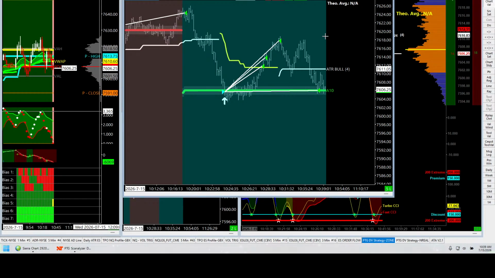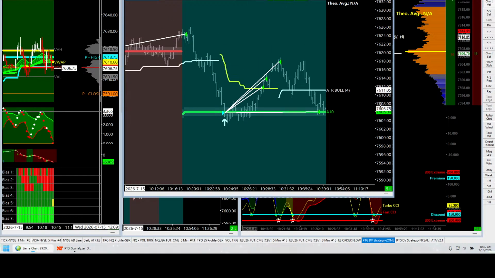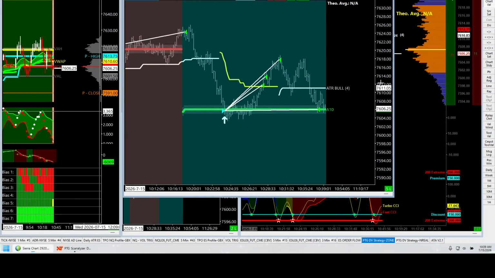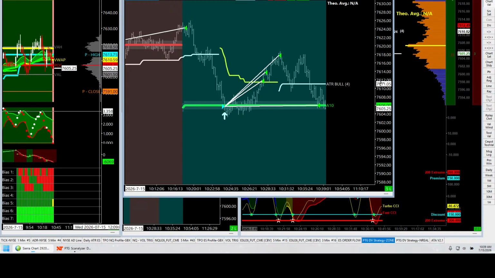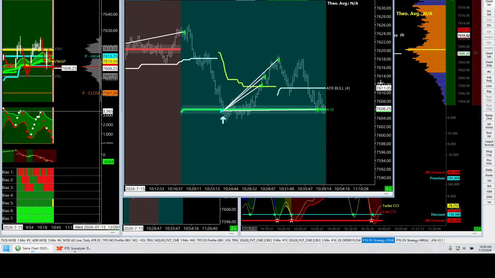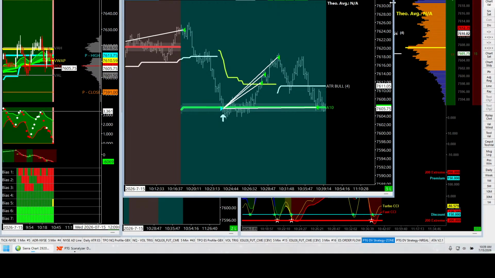If part of the plan is to hold it as a runner and the market cooperates and produces a nice runner, that's part of the plan. All right, so that trade is complete.